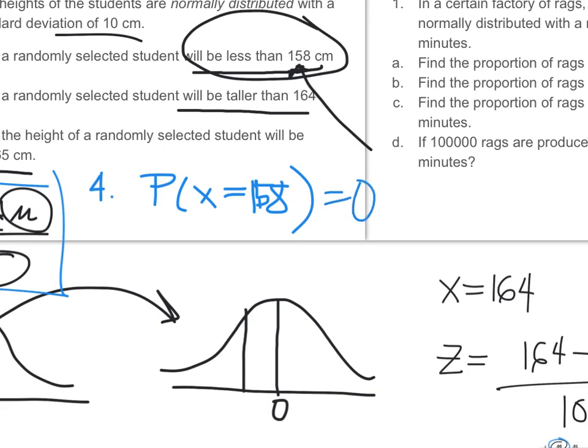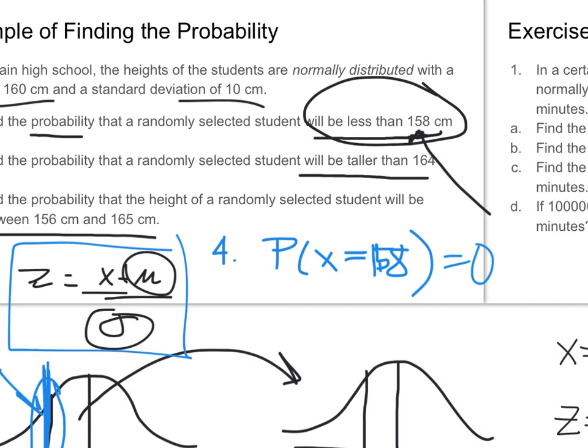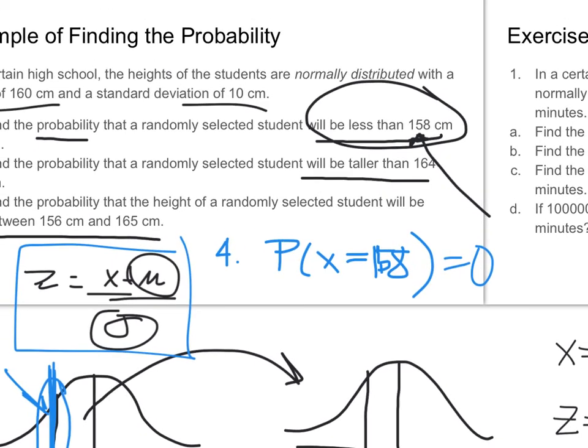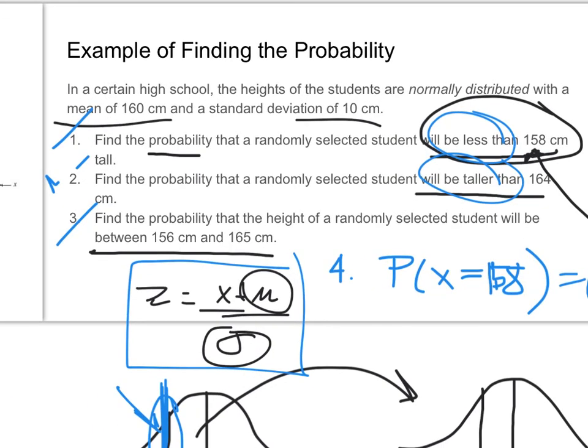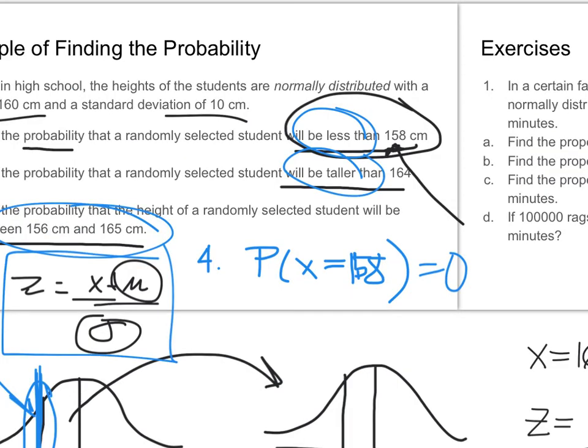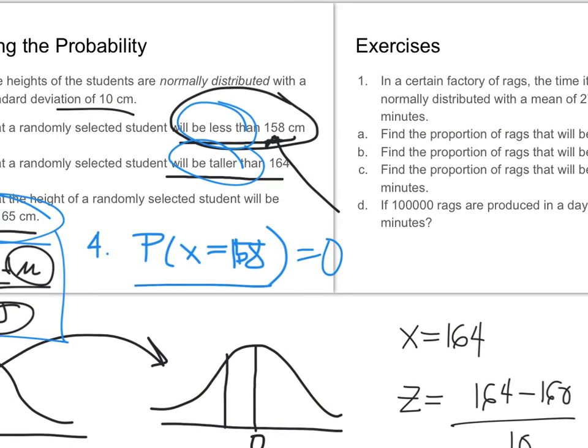Okay, so you can only have non-zero probabilities when it talks about less than a number, higher than a number, or in between. For a continuous probability distribution, a probability of x equal to a certain number will be 0. If this is a discrete probability distribution, then that's how we exactly find probability: we consider an x equal to a given number.